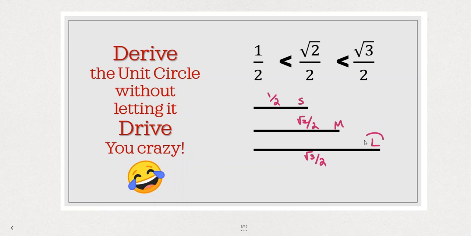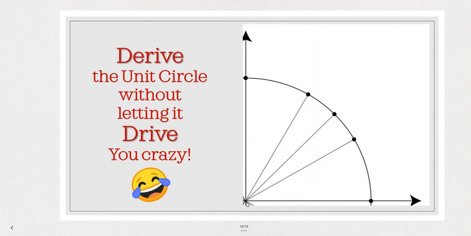medium, large. Transfer that over to the unit circle, and you'll see that we have a long line and a small line, a medium and a medium, a small and a large. Let me show you this one more time in comparison to each other, and I'll use 3 different colors this time.